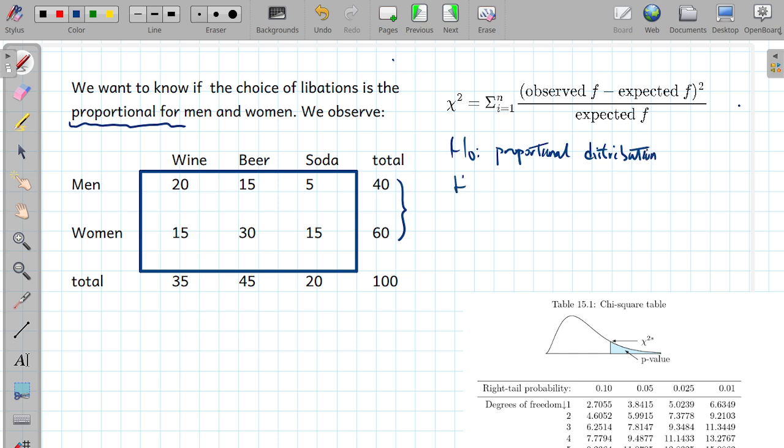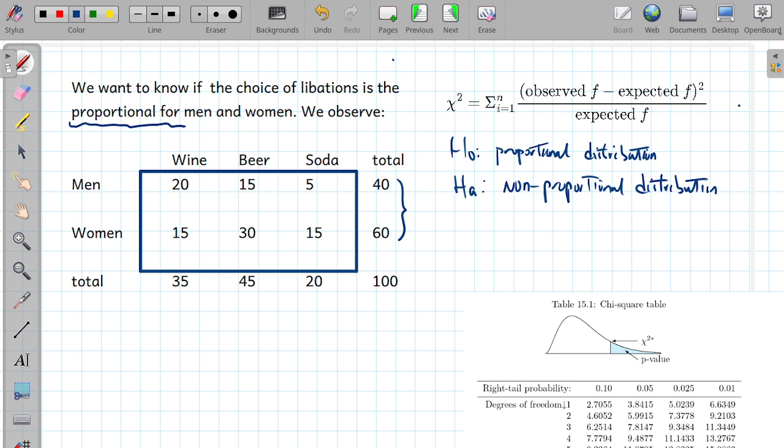The alternative is that it's not, or non-proportional distribution. Everything remains the same. Mathematically, the test for independence and the test for homogeneity are exactly the same. So let's do that. Let's see what we get.